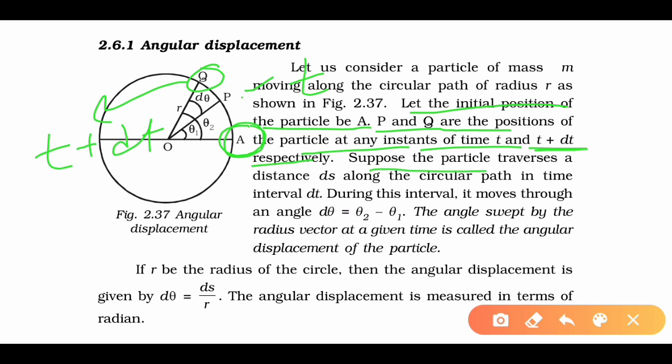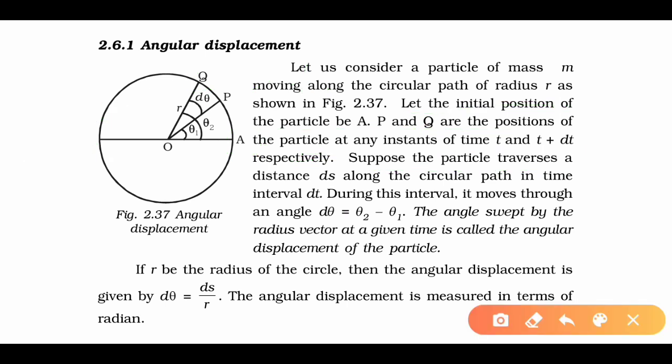Suppose the particle traverses a distance ds along the circular path in time interval dt. During this interval, it moves an angle d theta, and d theta is equal to theta 2 minus theta 1.